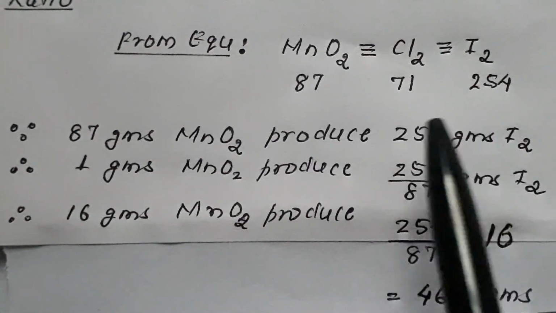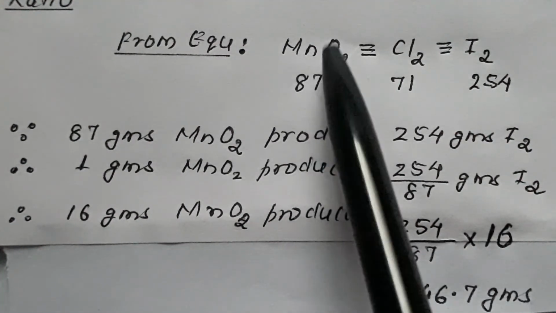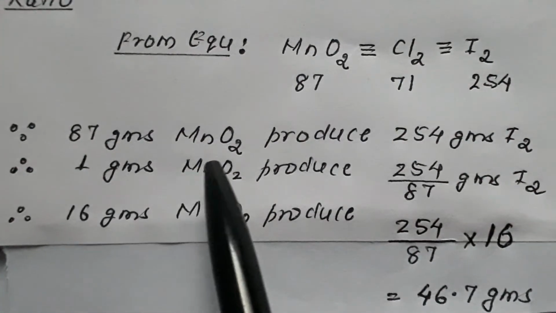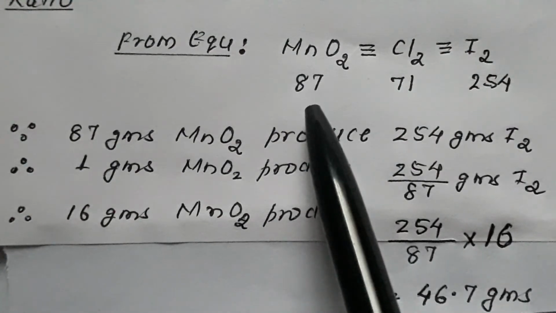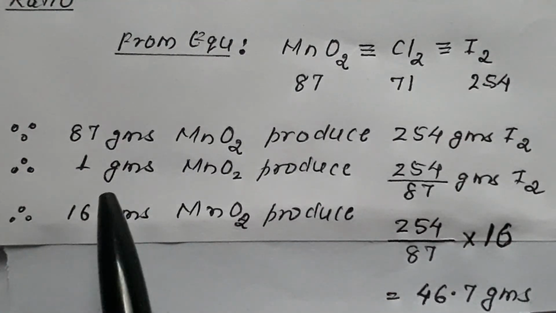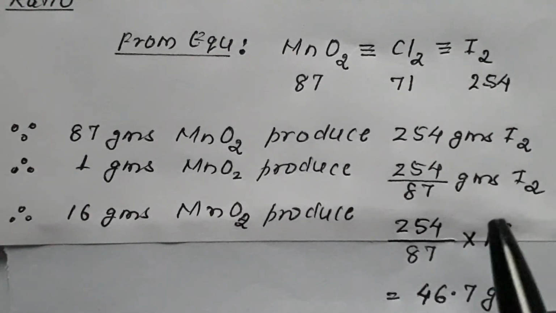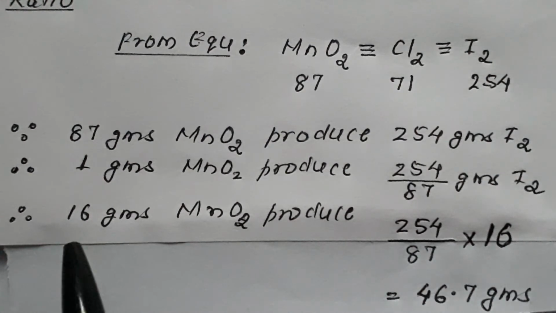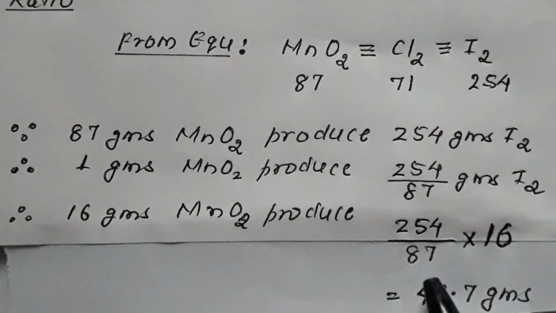Since 87 grams of MnO2 produce 254 grams of iodine, 1 gram of MnO2 will produce 254 upon 87 grams of iodine. In the question we have been given 16, therefore 16 grams of MnO2 will produce 254 upon 87 into 16, which comes to 46.7 grams of iodine.